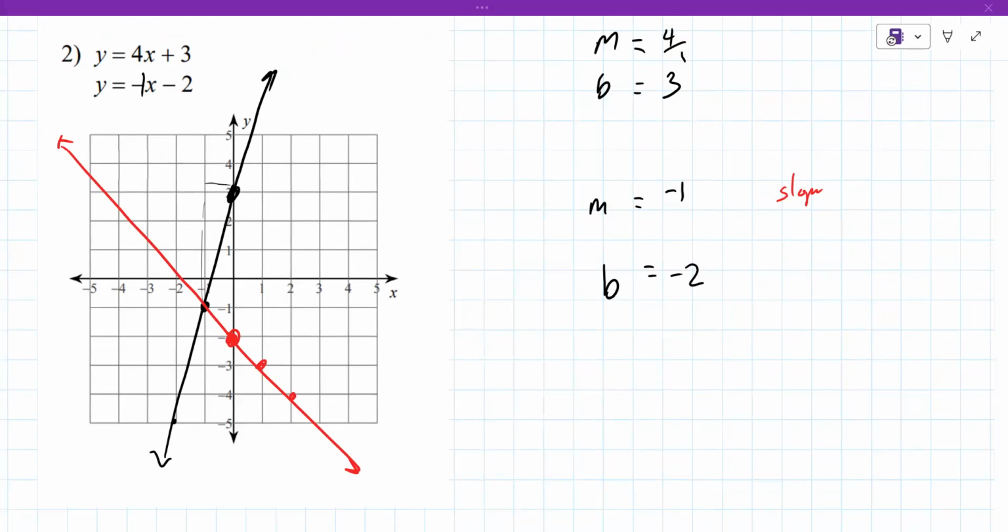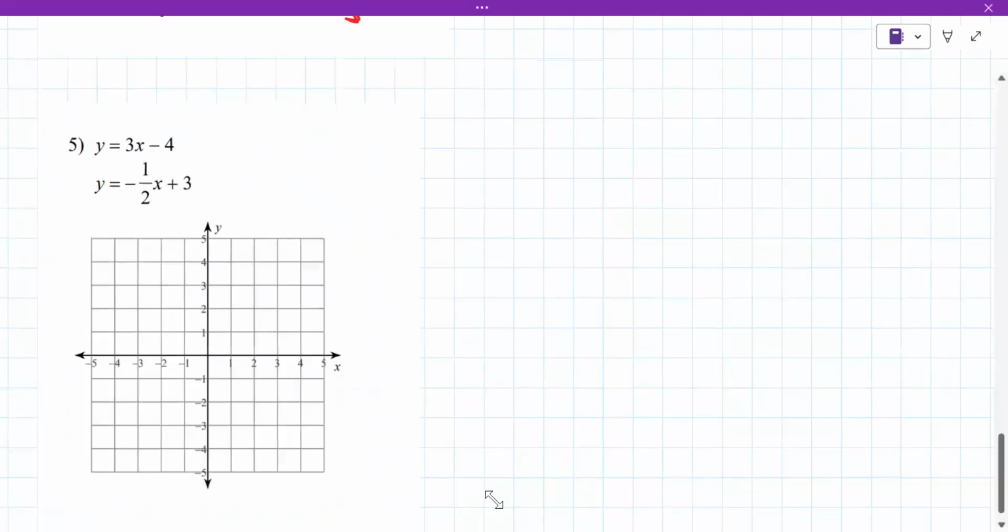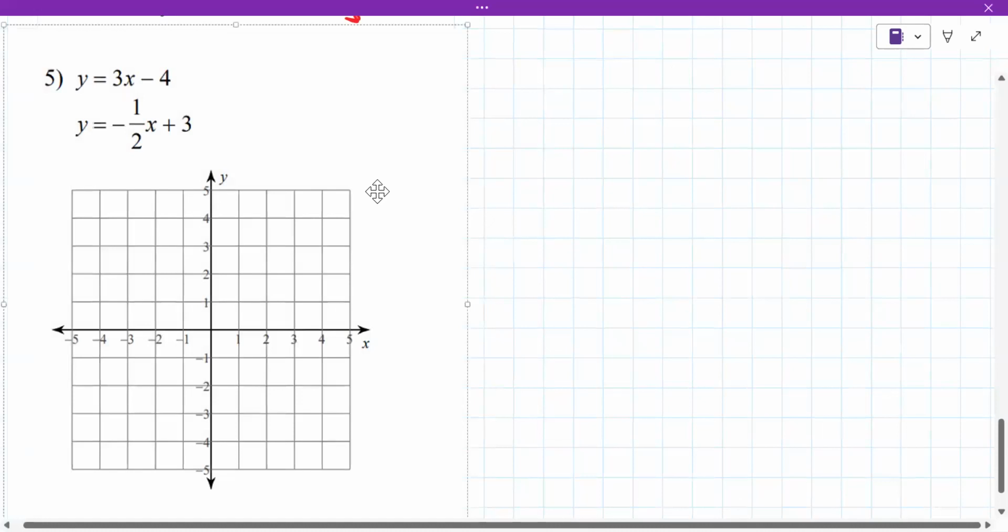Okay. I'm going to give you one to try on your own here. This one does work out nicely, even though maybe at first glance it doesn't appear that way.